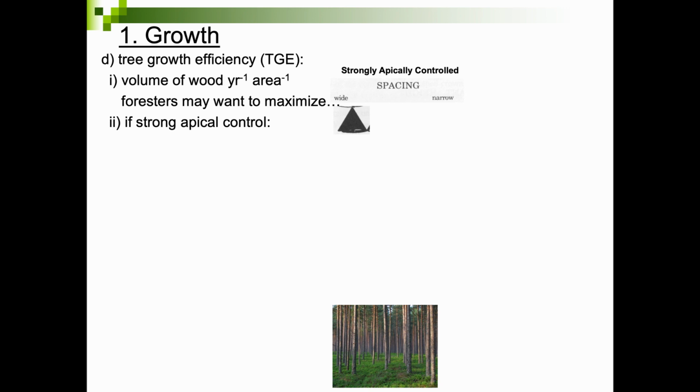A common theme that we've been learning about is the difference in growth patterns between strongly apical controlled trees and weakly apical controlled trees. With a stand of strongly apical controlled trees, like a stand of pines or any conifer for that matter, you're going to have different interactions with their growth patterns.